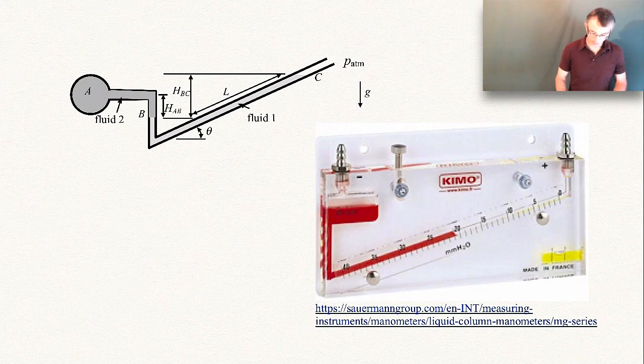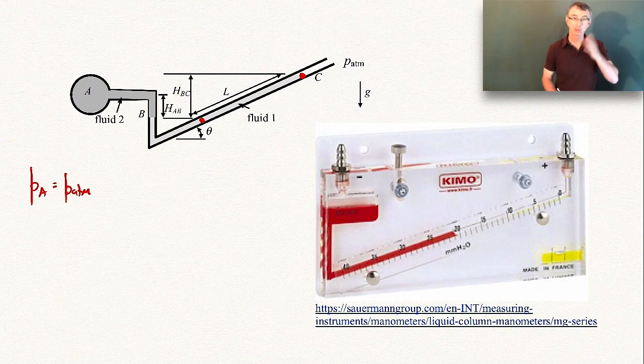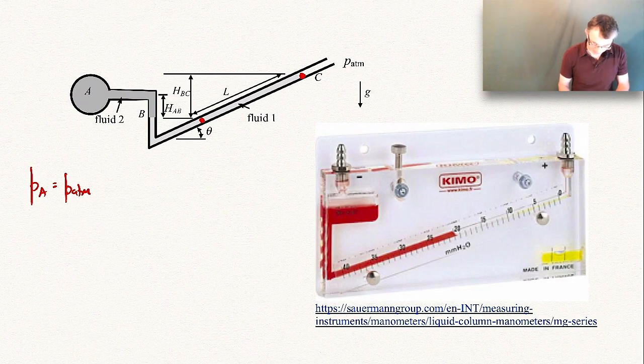So let's analyze this one. Again, we'll say that we want to find the pressure at A, starting with the pressure at C. Well, the pressure at C is atmospheric pressure. Then we'll move to this point. We've moved a distance HBC downward. Remember, it's only the vertical distance, the direction of gravity, that we care about. Since gravity is pointing in the vertical direction, we only care about vertical distances. So we're moving down, so we're adding in the weight of fluid 1.